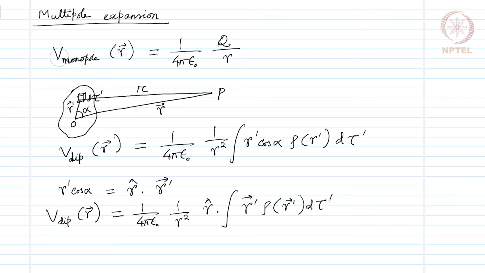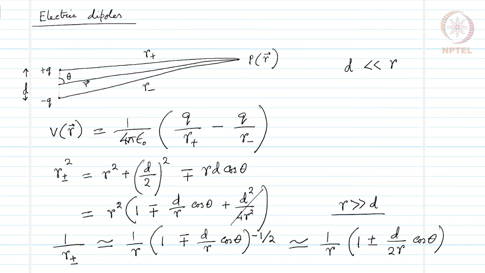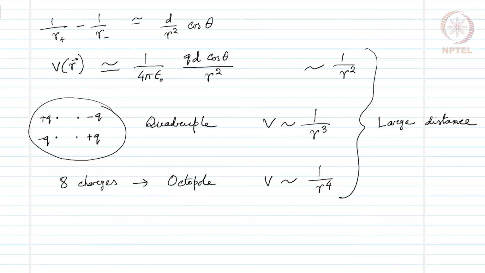For example, if we consider a charge distribution that we have done earlier, we have considered 2 point charges here, plus q and minus q, and due to this plus q and minus q charge, at a far away distance from these two charges, we will have no monopole electrostatic potential. But there would still be an electrostatic potential due to this dipole contribution, and the dipole contribution would certainly be the most dominant, because quadrupole and octupole go as 1 over r cubed and 1 over r power 4 respectively.